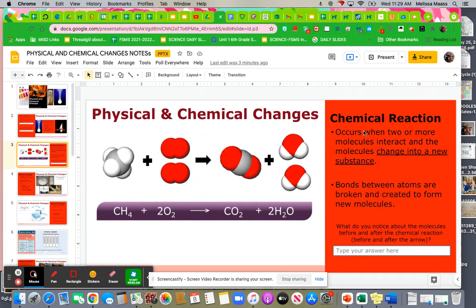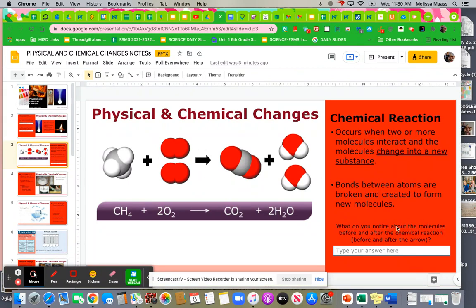That's because a chemical reaction occurs to break down those atoms and create new molecules into something completely new, such as we talked about, that sodium and chlorine combine chemically and create a whole new substance with new properties, and that's salt. Okay, so again, a chemical reaction occurs when two or more molecules interact and the molecules change into a new substance with new properties. Bonds are broken up between the atoms and create new molecules.